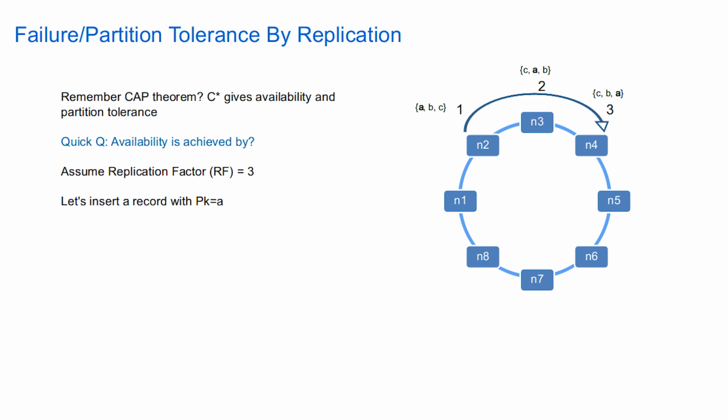Do I care about the remaining 17 nodes? I don't. But if there was another partition key which happens to be on any other node which happens to be down, is the system available? Absolutely. But is the data available? Absolutely not.